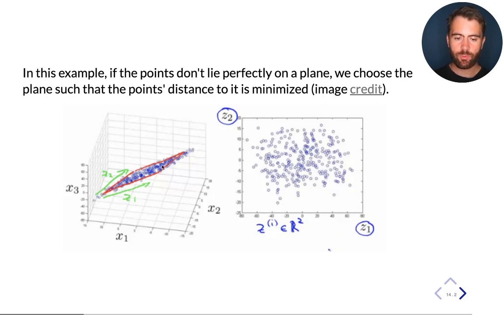But the best plane that we can choose is one that comes as close as possible to all of the points. And so this is what the above reconstruction objective is trying to minimize. It's trying to choose a plane that is as close as possible to all of the points, such that x tilde, the projection of each x on this plane, is as close as possible to its original point.